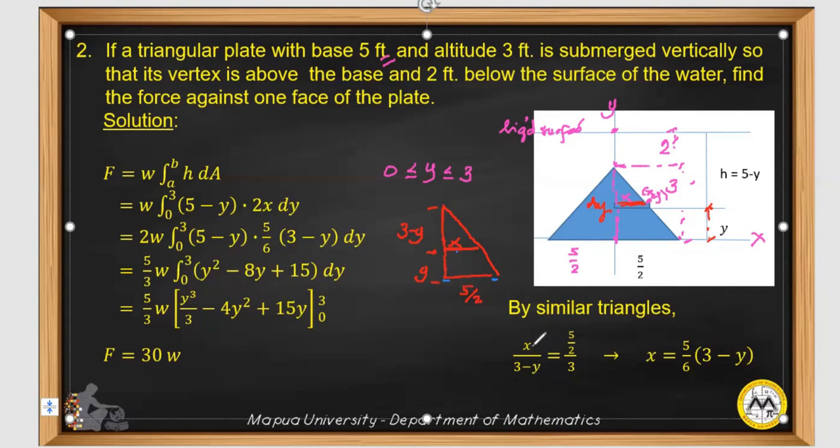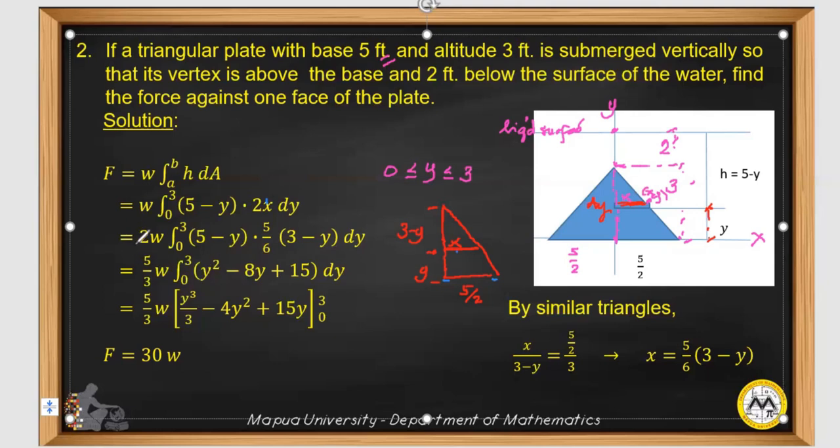By similar triangles, we have x over 3 minus y is equal to 5 over 2 over 3, which is 5 over 6. Therefore, solving for x, x is 5 over 6 times 3 minus y. And we can replace x here by 5 over 6 times the quantity 3 minus y.